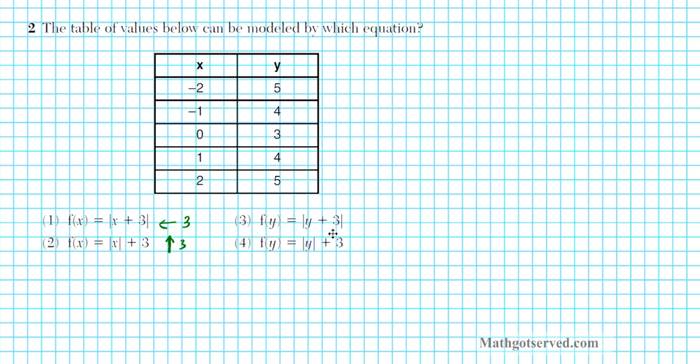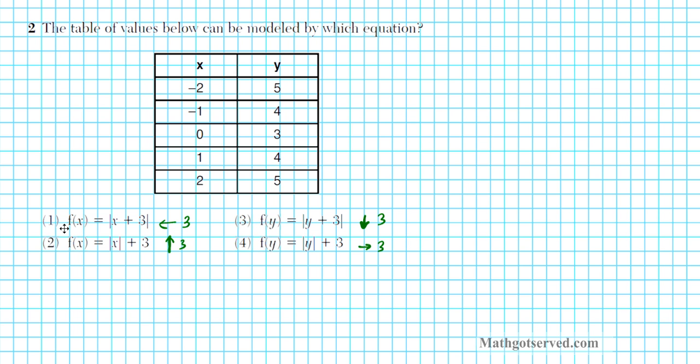Okay, in that direction. Now here, this is going to be a function of y. Okay, so you have y plus 3. It's going to be a function of y, but since we're going in the y direction, this would be equivalent to shifting down 3 units. And then this right here plus 3 is going to be equivalent to shifting to the right 3 units.